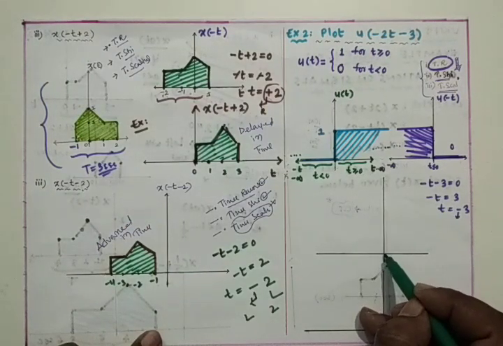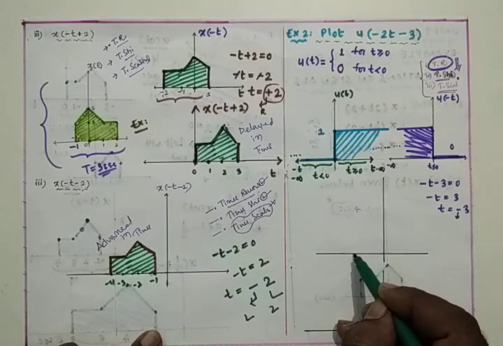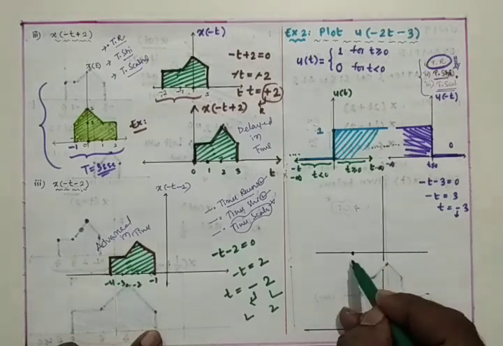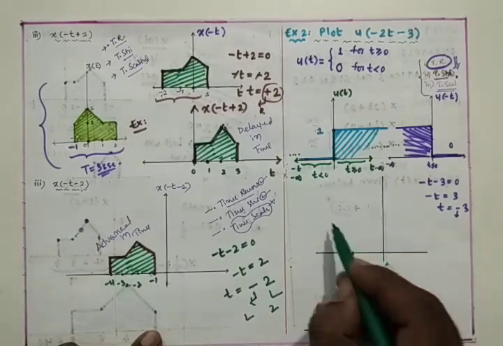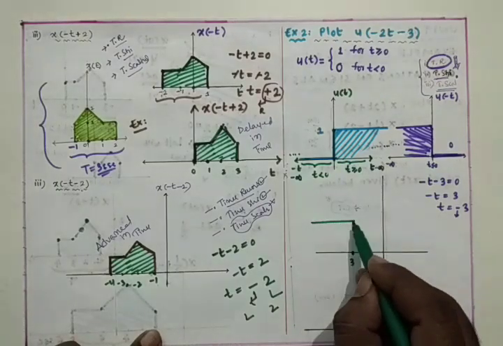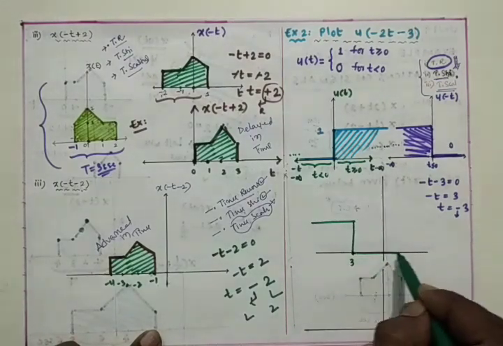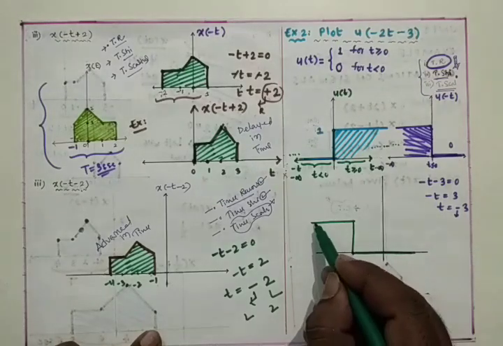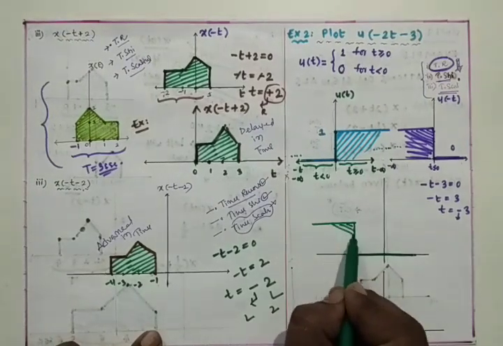That means what started earlier at 0, due to shifting to the left by 3 units, now starts at minus 3. So the signal will be like this. This is a unit step signal, and it got shifted by 3 units.